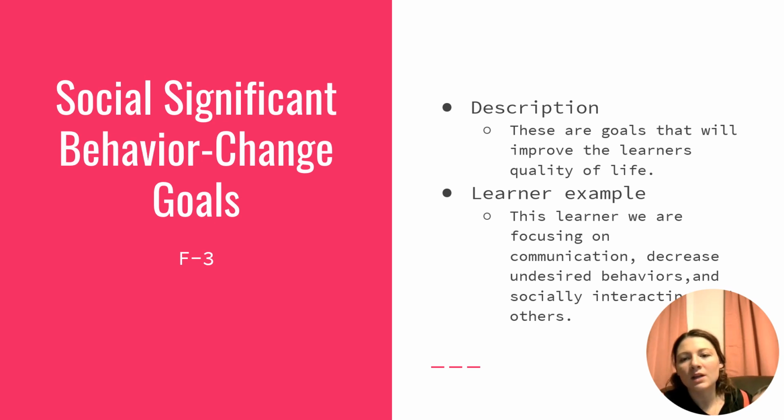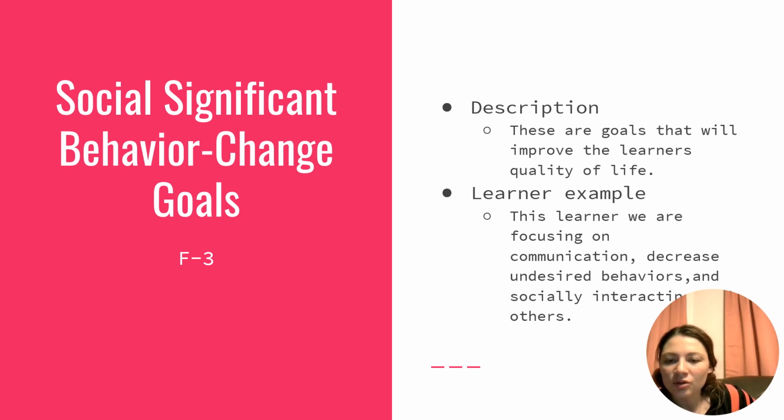Next, we're going to talk about socially significant behavior change goals. What this is, is goals that will help improve the learner's quality of life. For this learner, we wanted to focus on communication so that the learner is able to tell people what the learner needs or wants, and then decrease undesired behaviors to help with the transition from our ABA center to a less restrictive environment, such as a school.